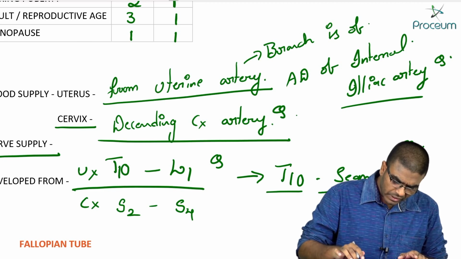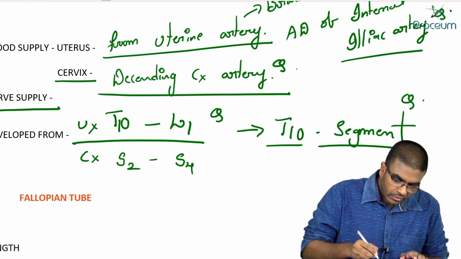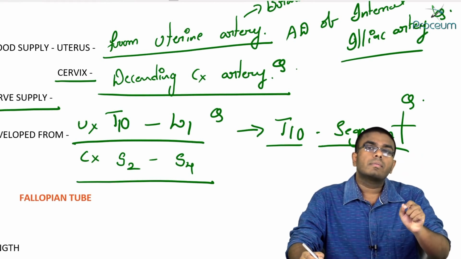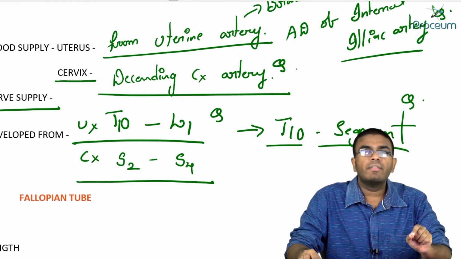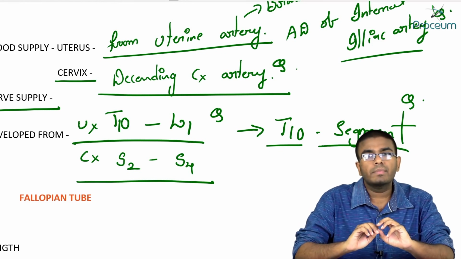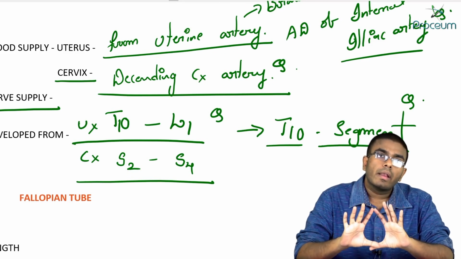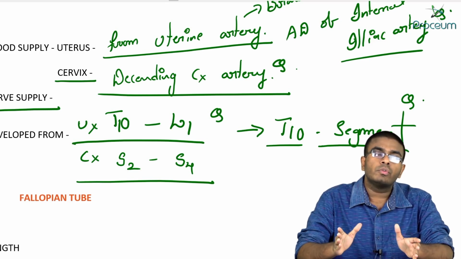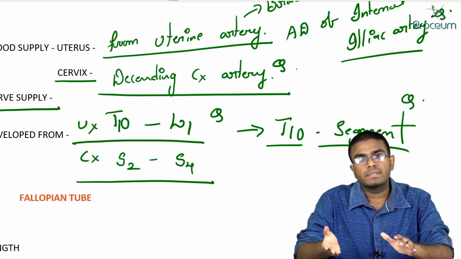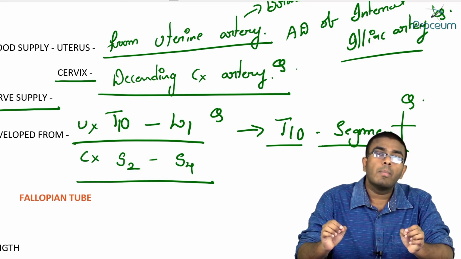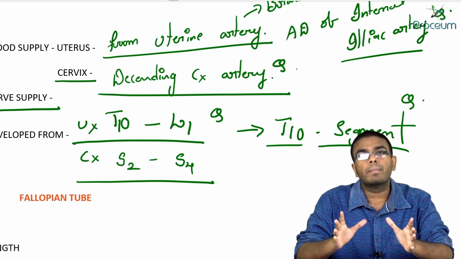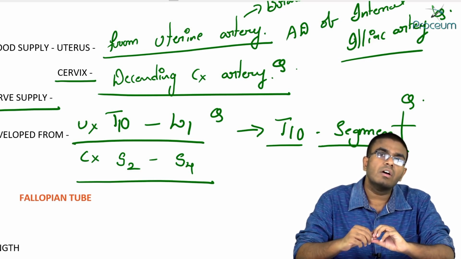Now for instrumental delivery, if you want to apply any instruments, definitely you have to go through the area of the perineum. If you want to use any forceps or vacuum, then you need to block the nerve which supplies the perineum. What is the nerve supplying the perineum?